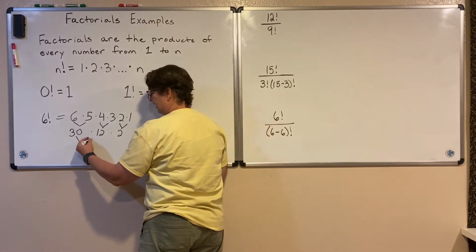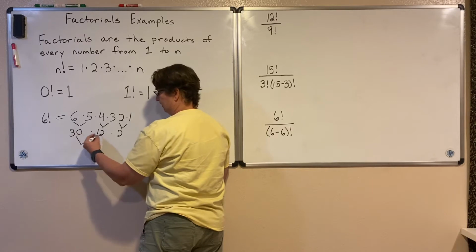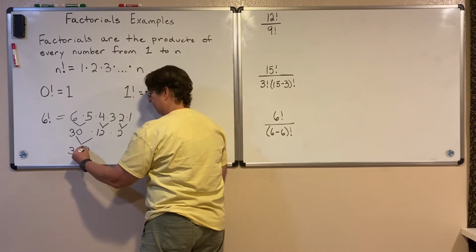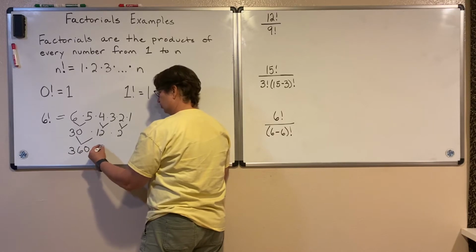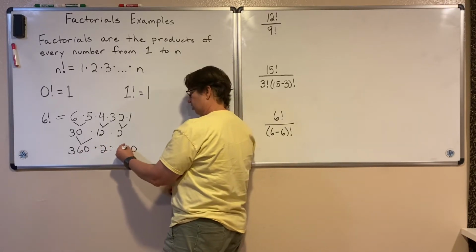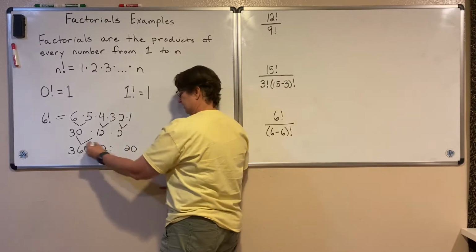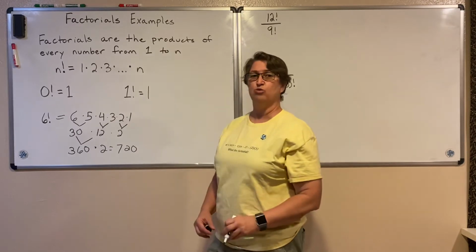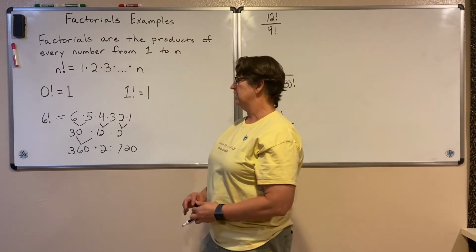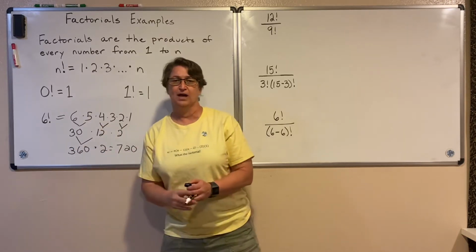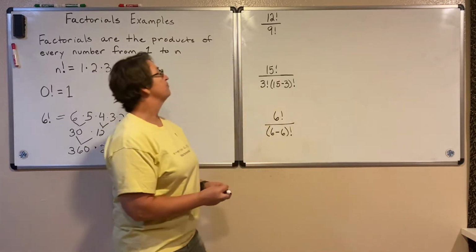So 30 times 12, well, 3 times 12 is 36. Put a 0 on the end of that. Times that 2 still. Double 360 and you get 720. So 6 factorial is equal to 720. It's just equal to all those numbers below 6 all multiplying together, up to 6.